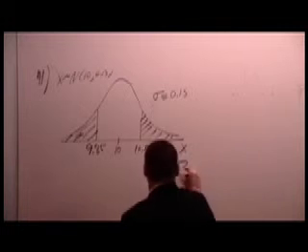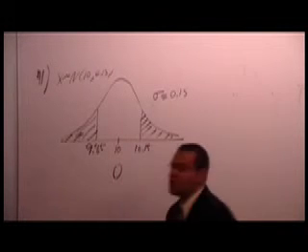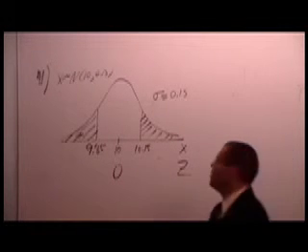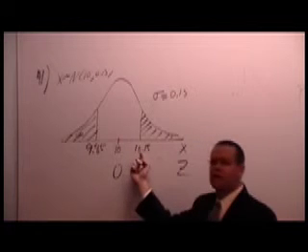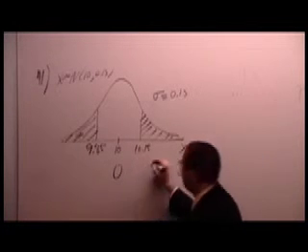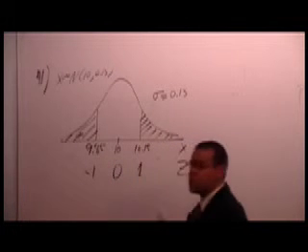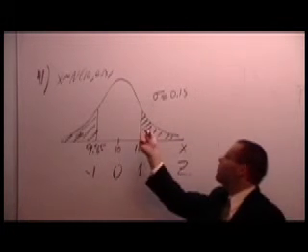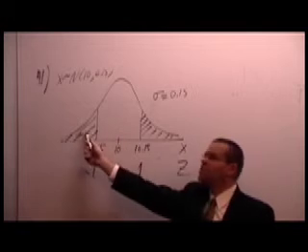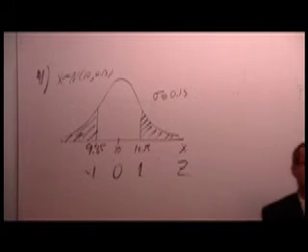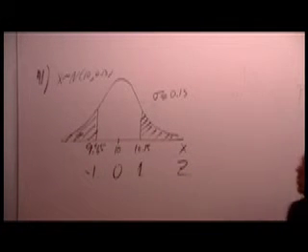So the first thing we're going to do is translate. But we already know that this is placed one standard deviation above the mean, so we know this is 1. We don't really need to calculate that. And as was pointed out, what is the relationship between these two areas? They're equal, so you really don't need to do this twice.